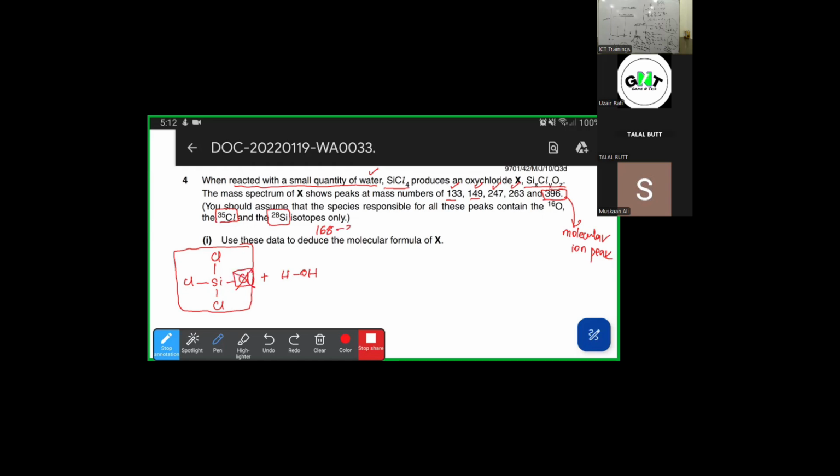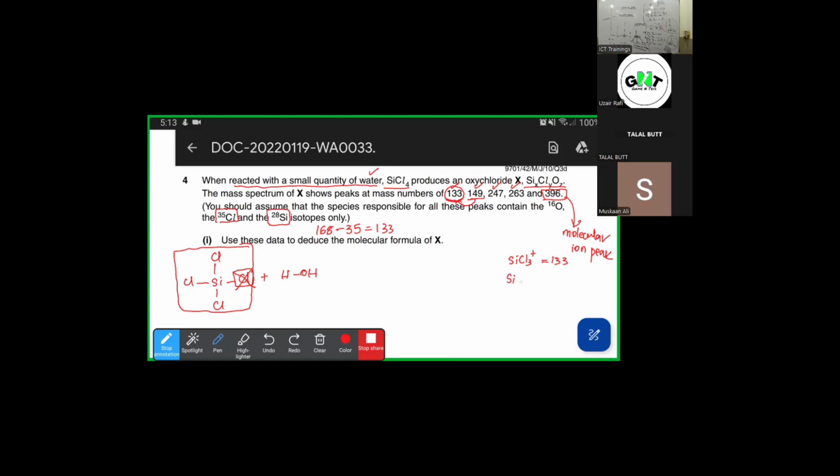If you minus 35, it becomes 133. So the first fragment is 133, which means SiCl3 positive. All the fragments and the molecule get the positive charge in mass spectrometry. I told you yesterday. Now if you minus 133 from 149, it would be 16.